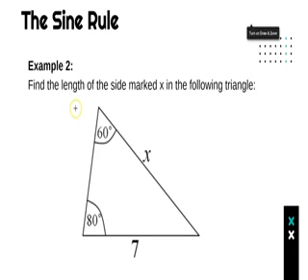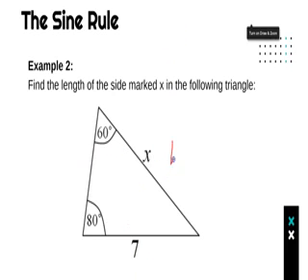For the second question, we are required to find the length of side marked X in the following triangle. When assigning letters to the sides, it doesn't matter where you start. We can say this side is A, this side is B, and this side is C. The value of A is given as 7, and the corresponding opposite angle is 60 degrees.